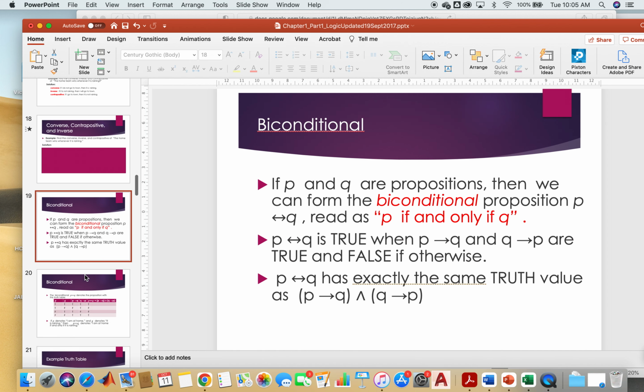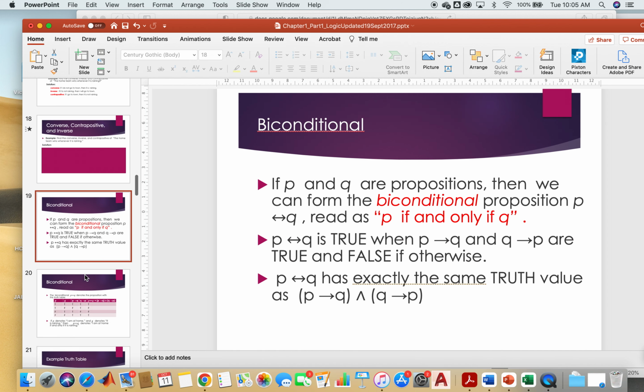Alright, so now we move to the next connective, which is the conjunction. The conjunction P and Q of propositions P and Q is denoted by these symbols. Remember, the purpose of having the connective is to combine two or more statements together.